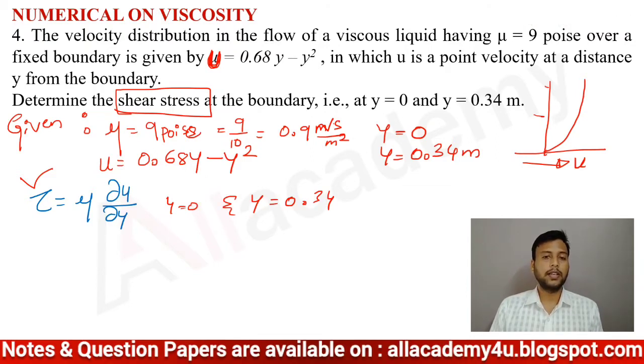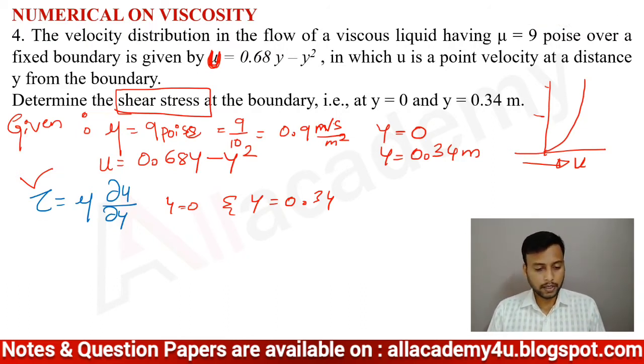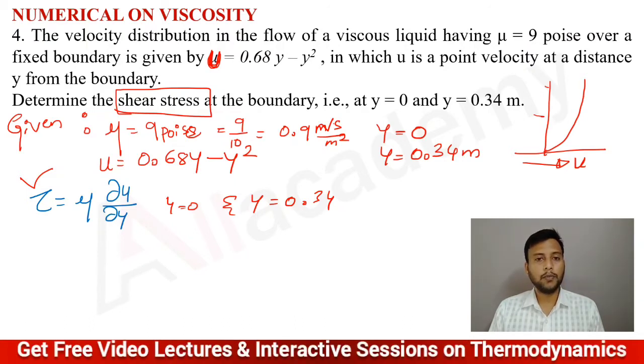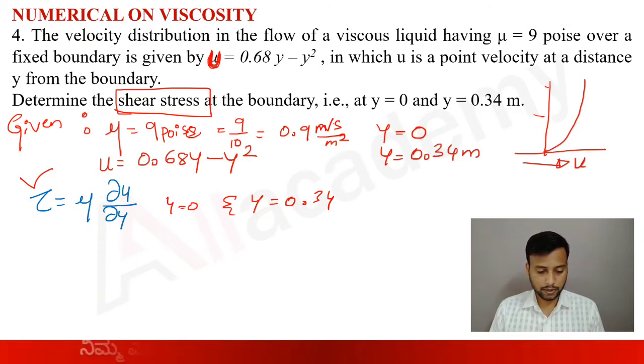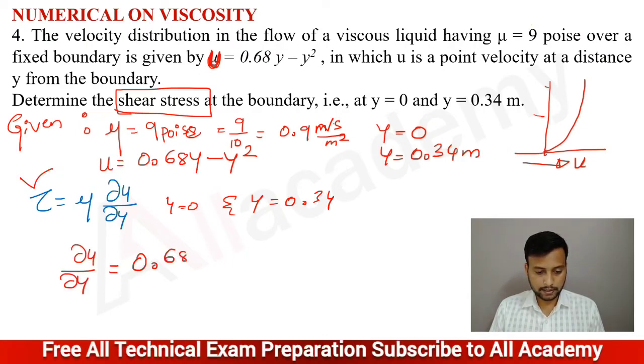So this question is on viscosity, or Newton's law of viscosity. Now mu is already known, and we have the y values. But u is given in the form of an equation, so let us differentiate this equation. So du by dy is equal to 0.68 minus 2y.